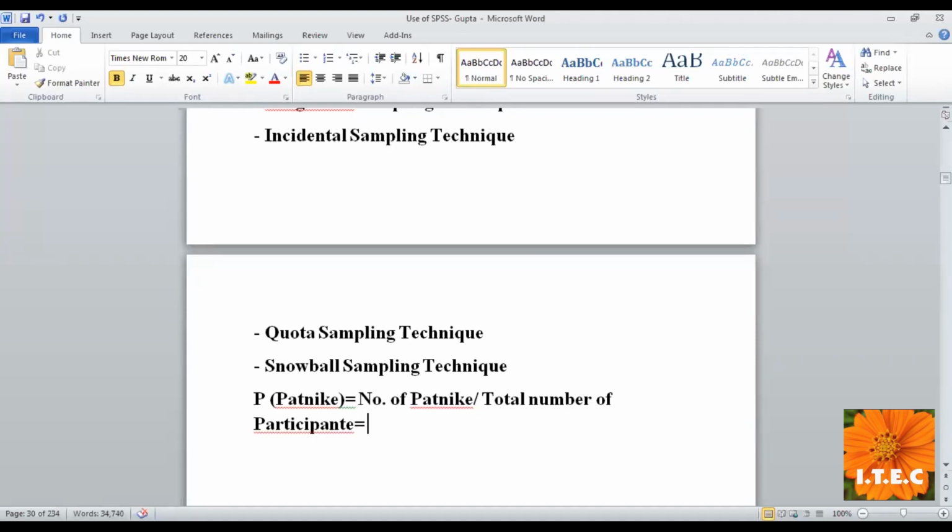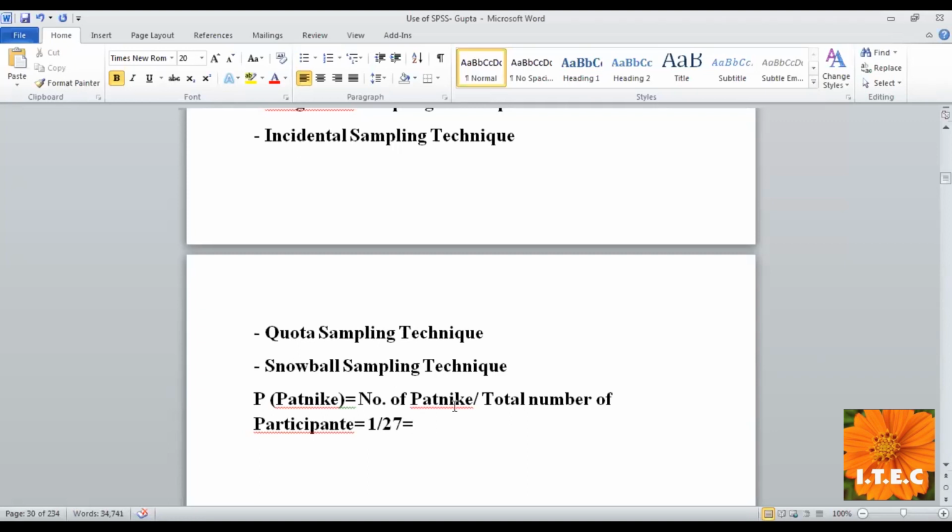If I know there is only one Patnaik and there are 27 participants, I can find out the probability of selecting Patnaik out of 27.